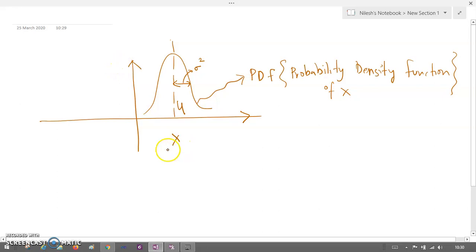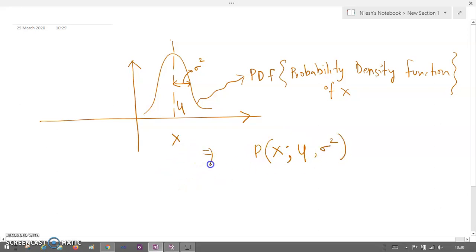Okay, so this complete graph is the PDF graph, or you can say the PDF of x, and I can show it mathematically: the probability of x can be given by mu and sigma square.